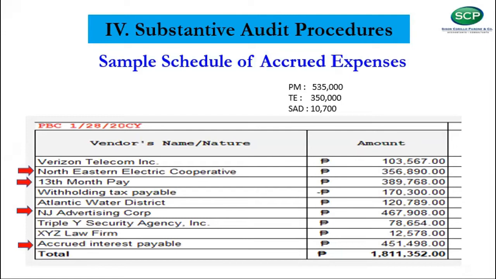Unless makita natin in the process of testing the 8 items na hindi reliable yung libro ng company, or we need to discuss or to obtain more samples from the untested population.